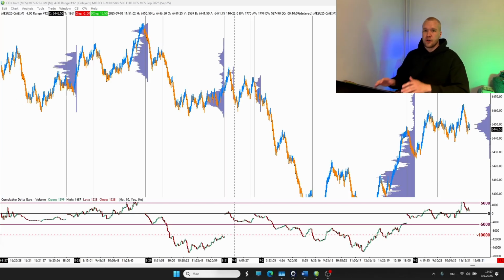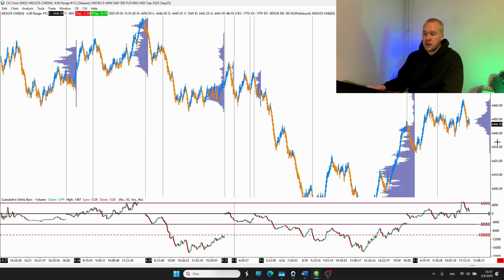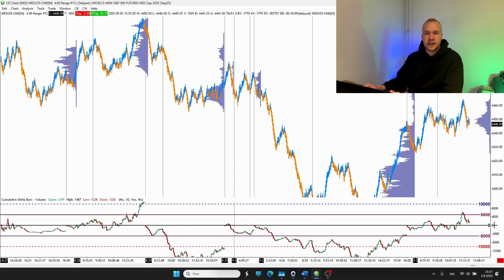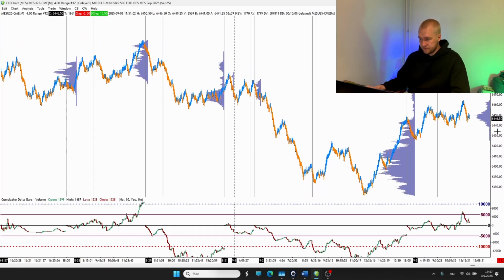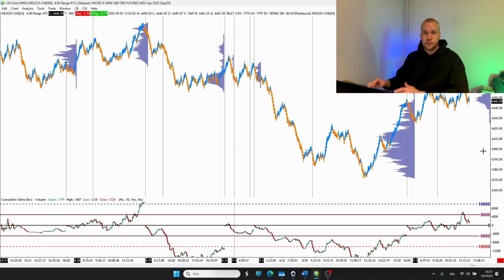Okay, so what do I mean by that? Well, here we have the previous chart, and I made it bigger. My challenge here is that you pause the screen and try to look for delta divergences. You can see here that it becomes quite impossible unless you really use a minuscule scale, but at that point, is it really that relevant?